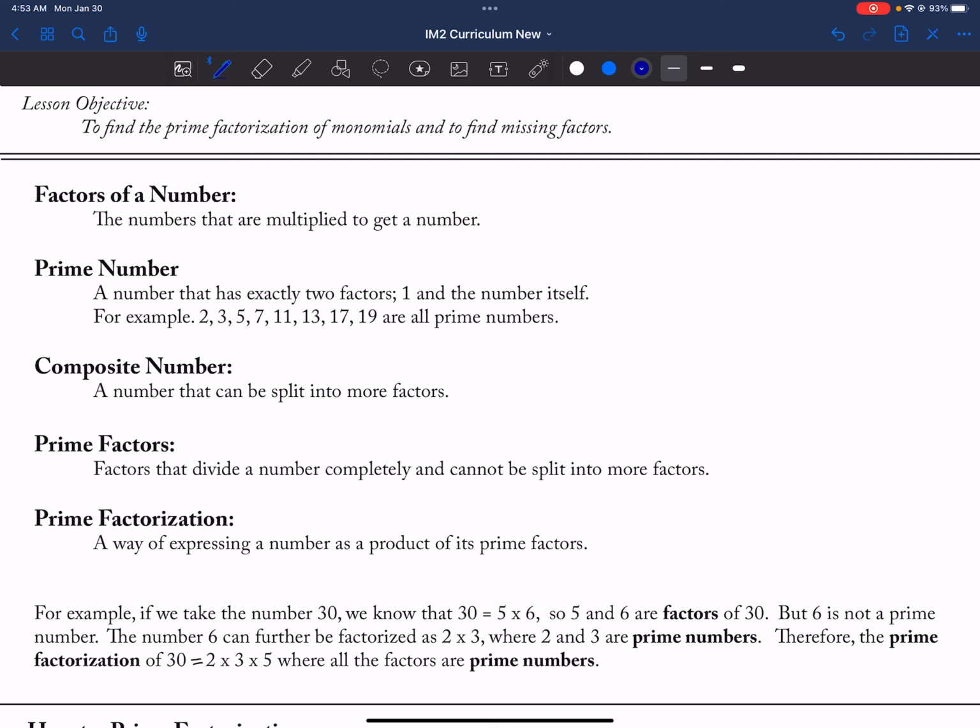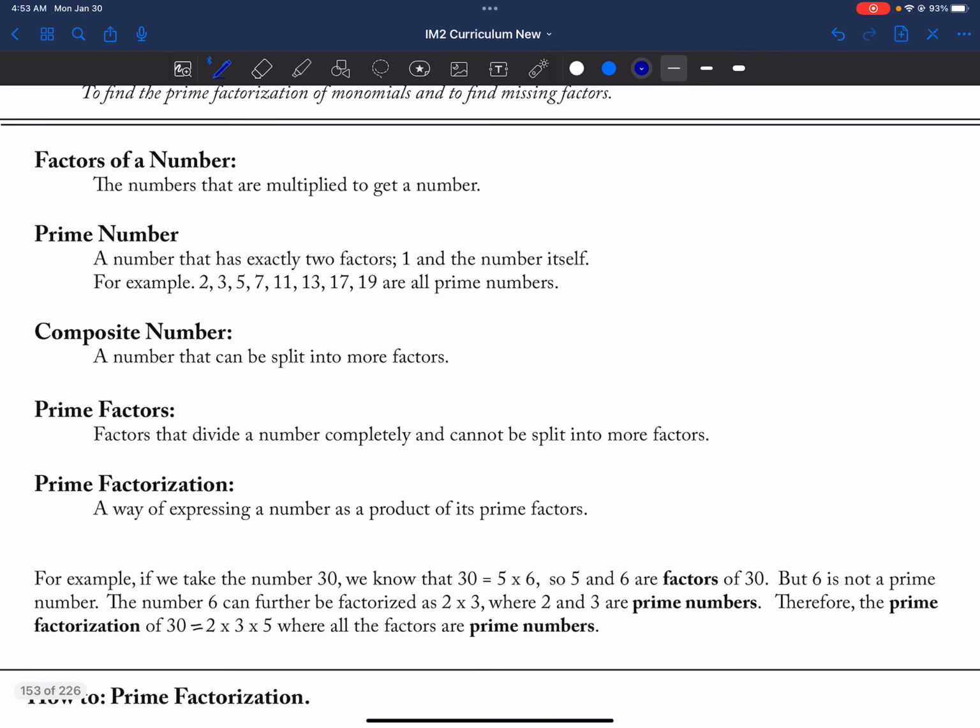It's also divisible by 2, and it's also divisible by 4. And so that's what makes a composite number. It's divisible by something other than 1 and itself, okay? So when we talk about prime factorization, we're looking at writing the number as a product of prime numbers. When we talk about factors of a number, we're talking about everything that divides a number.